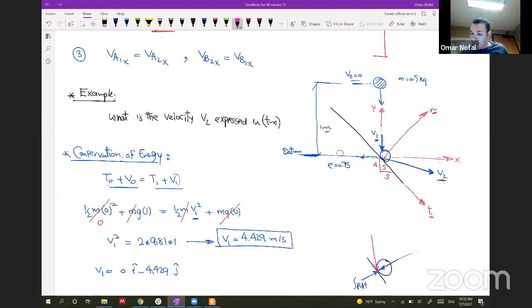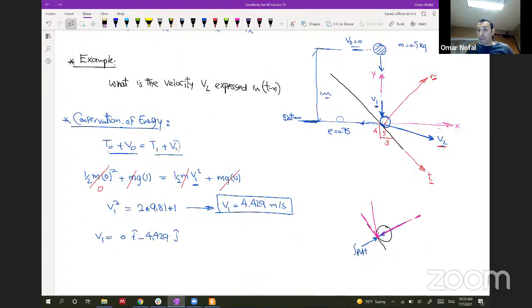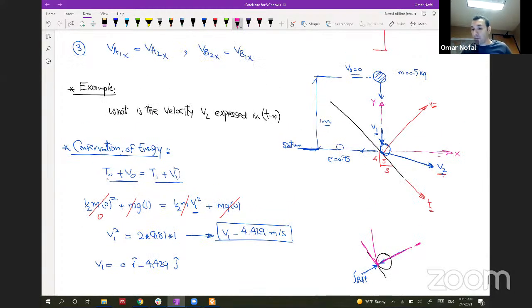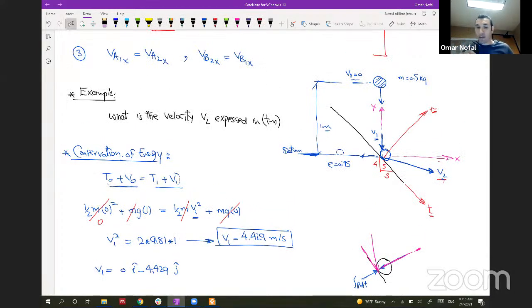We need to get the component of v in this direction and the component of v in this direction, so we can apply the conservation of linear momentum in this direction. To analyze this, we need to find theta. Let's assume that this angle is theta, and it will be equal to this angle, and finally to that angle theta.